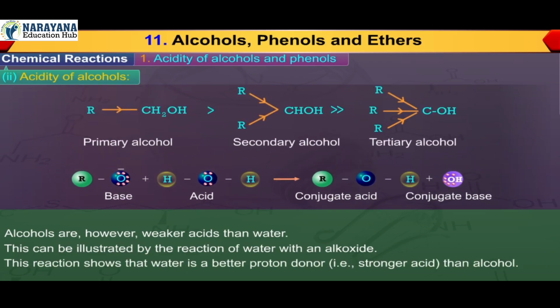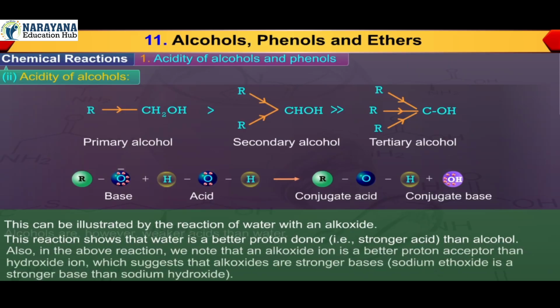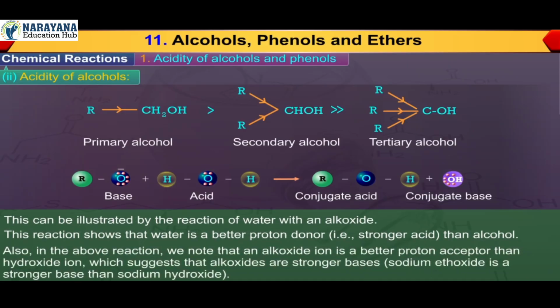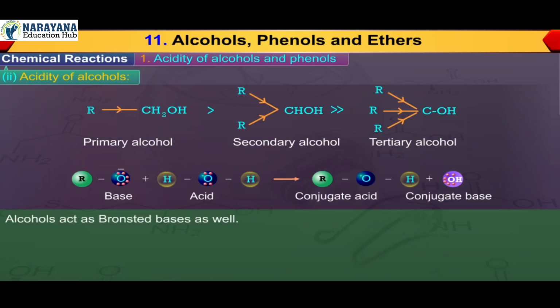This reaction shows that water is a better proton donor, that is, stronger acid, than alcohol. Also, in the above reaction, we note that an alkoxide ion is a better proton acceptor than hydroxide ion, which suggests that alkoxides are stronger bases. That is, sodium ethoxide is a stronger base than sodium hydroxide.